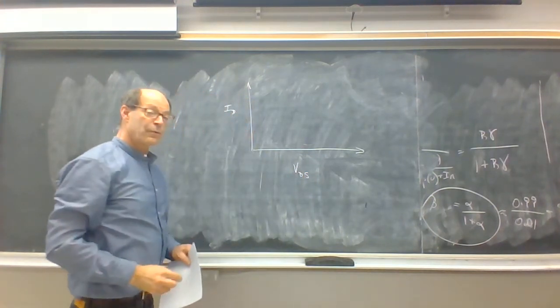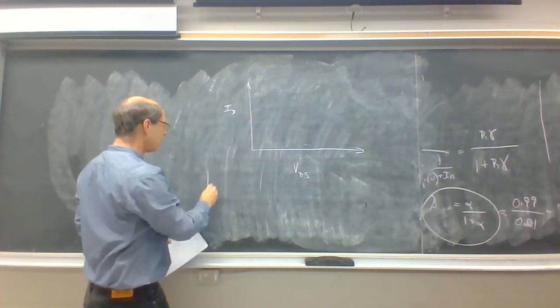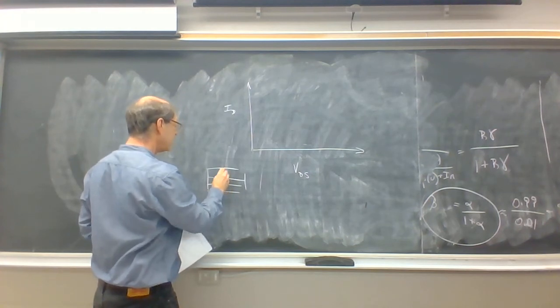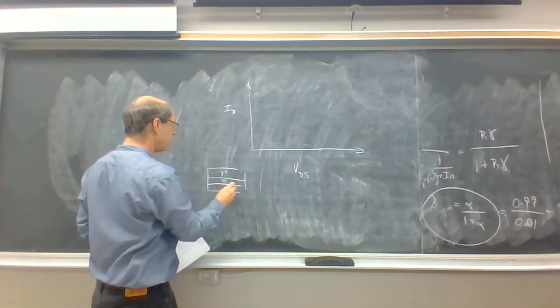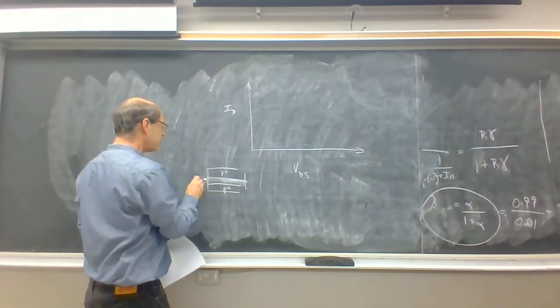Okay, now, what's happening here is that the drain current is the current flowing through the channel. So this is where current can flow from the source to the drain.